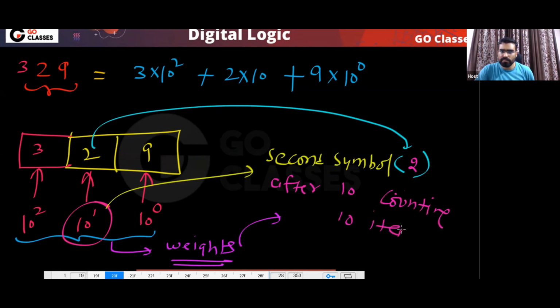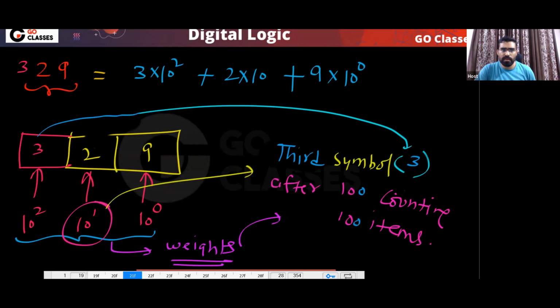And similarly, I can say the same thing for the third symbol. The third symbol is basically 3. This symbol I am using after counting 100 items.